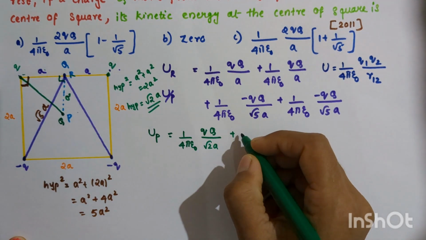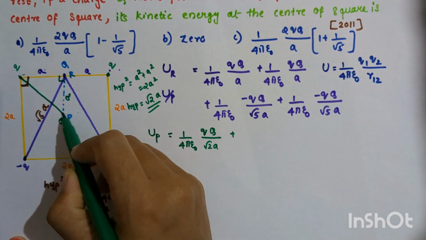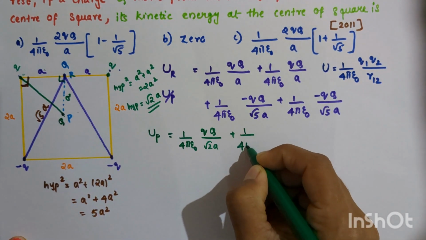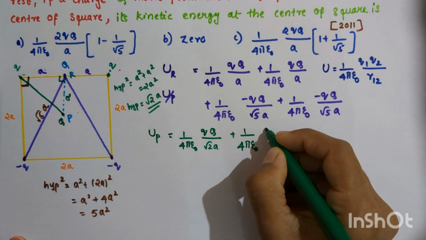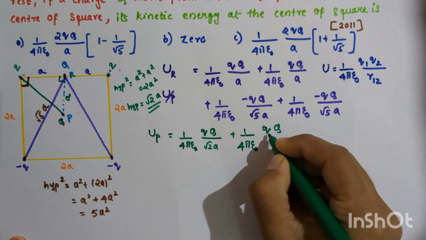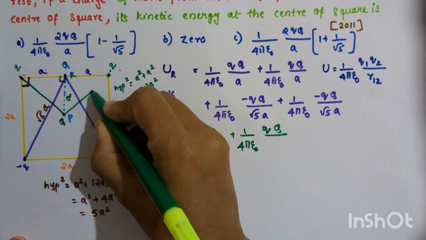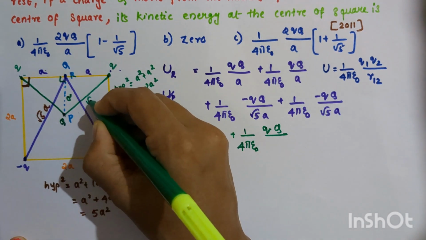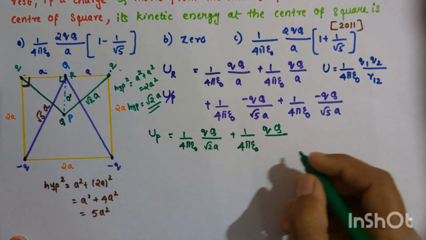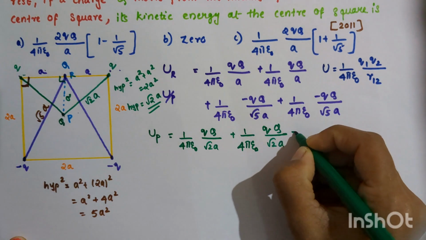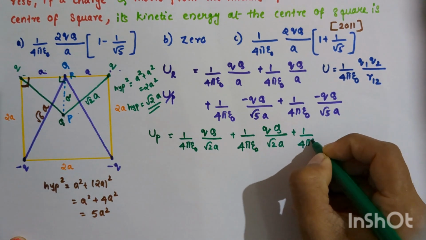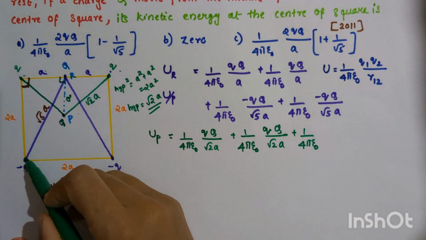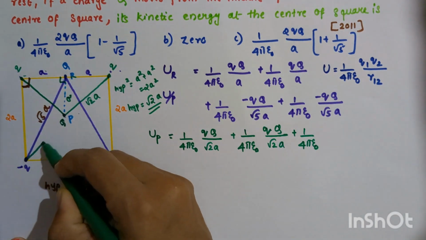Now next we are considering our charge q and this charge q, so that the potential energy between them can be written as 1 by 4 pi epsilon 0 q into q divided by the distance between them. Just like here also we will get the distance as root 2a. So root 2a plus 1 by 4 pi epsilon 0. Here we are considering this minus charge and this charge q.